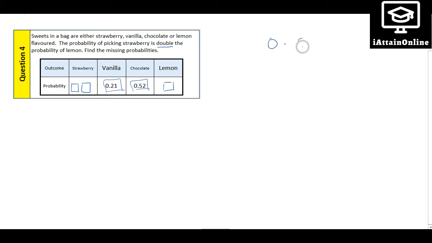So 0.21 plus 0.52. If I add those up, 1 plus 2 is 3, 2 plus 5 is 7, and 0 plus 0 gives me 0. So I know in this case now there are 3 boxes, not 2.